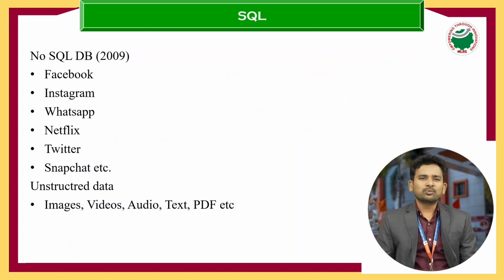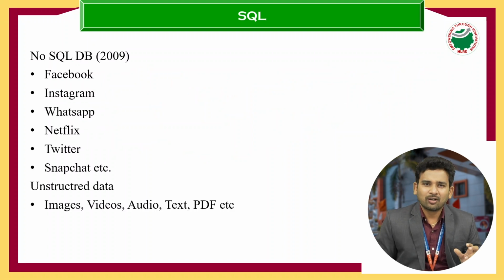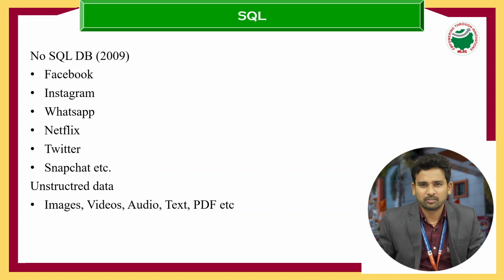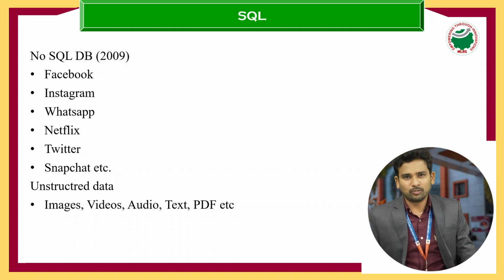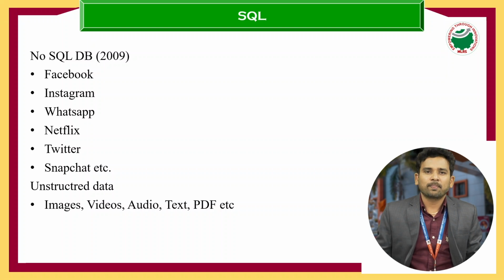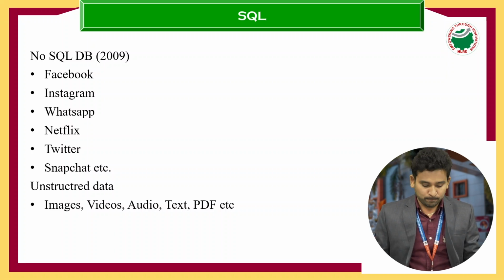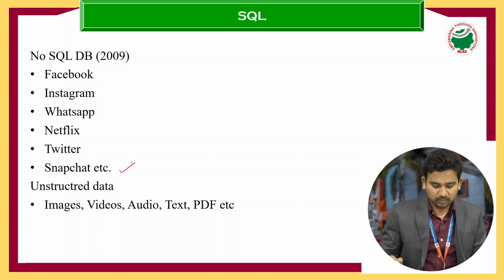Now coming to NoSQL or unstructured databases. This is very familiar. After the huge recession in 2009, a lot of startup companies came into the picture, like Facebook, Twitter, WhatsApp, Netflix, and Snapchat.